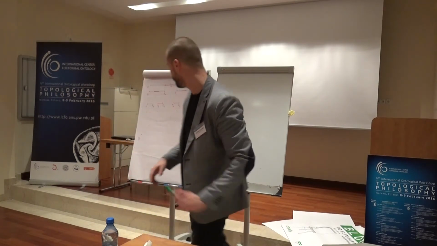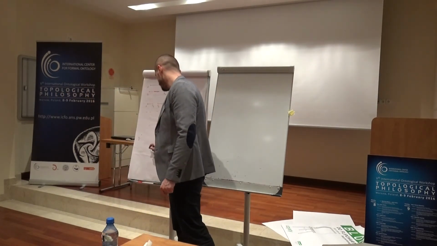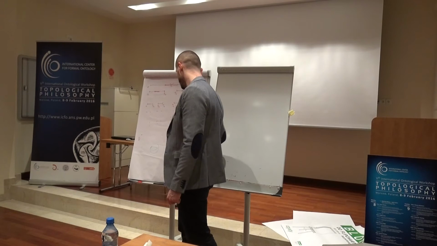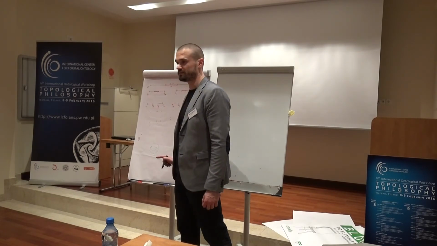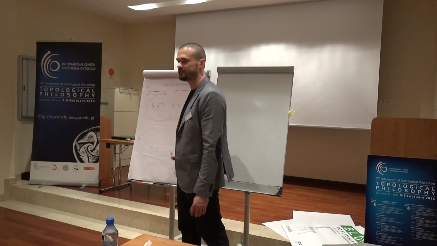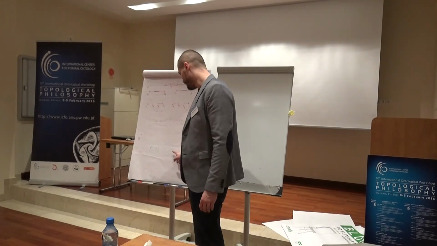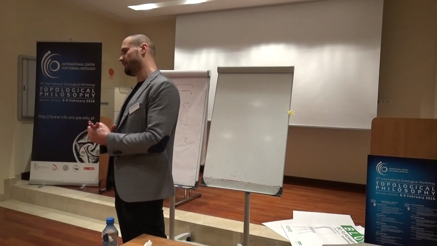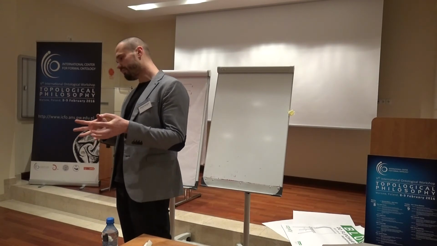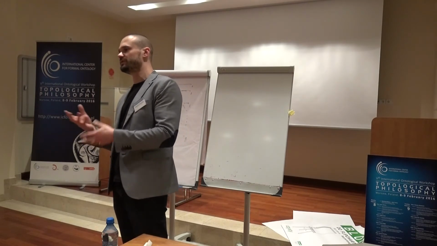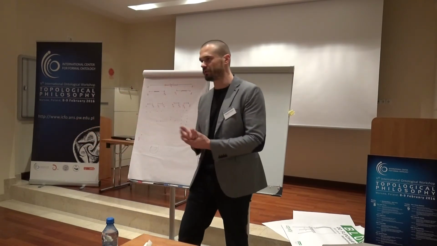For example, if we have a space that looks like this, it consists of 3 balls. It has 3 connected components. Each of these components is connected within itself, but the whole space is disconnected. And this number of connected components is a topological invariant. So if you use a continuous mapping, you won't change this property.